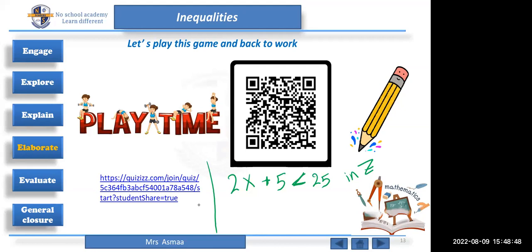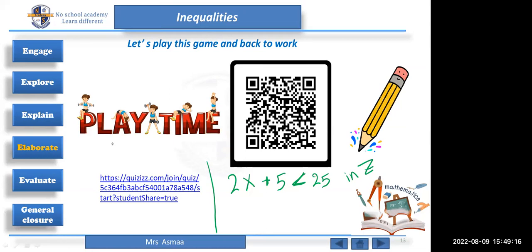I don't take the 10 because I don't have the equal sign. This is your mistake, Yasin. Okay. 2x plus 5 is smaller than 25. If I don't have the equal sign, I don't take the 10.